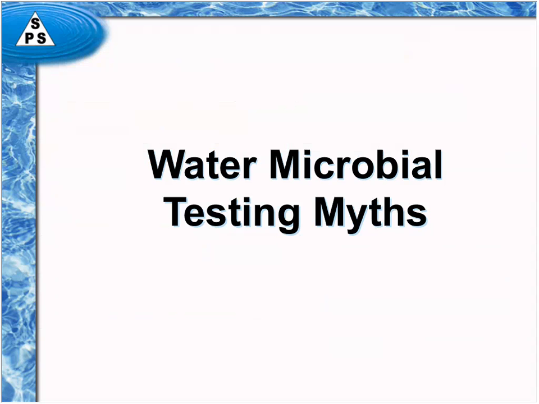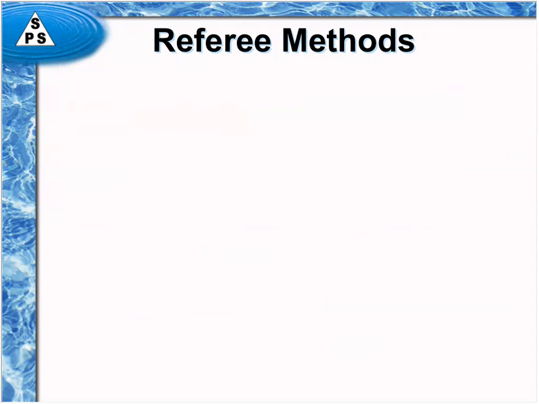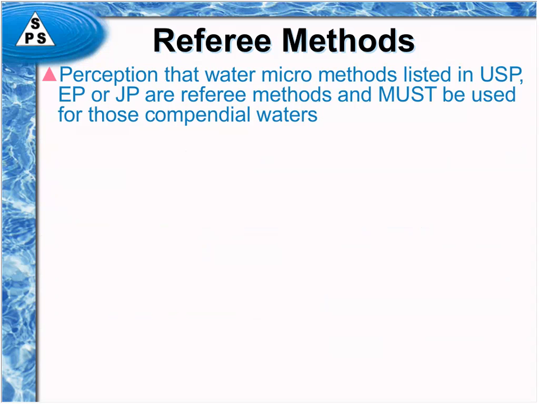Okay, now let's go into testing myths. We do have a few of these. Let's talk about referee methods. Referee methods are the method of choice for doing something. There is a perception that the water micro methods that are listed in USP, EP, and JP are referee methods and must be used for those particular waters.